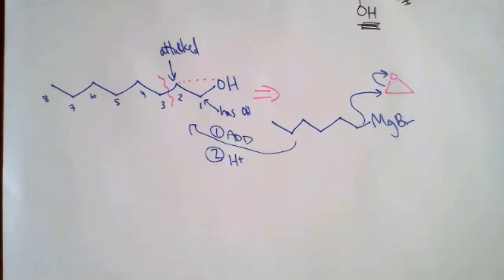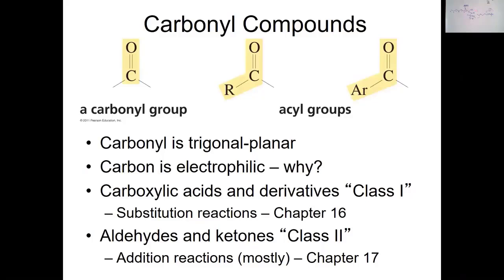Speaking of carbonyls, let's do them. You've seen this before. It's reminding you what a carbonyl is, but the reason I pulled it back in was to point out this. Class 1 derivatives do substitution, and class 2 do addition. Mostly. For now, they're going to do addition. What are the class 2 derivatives?